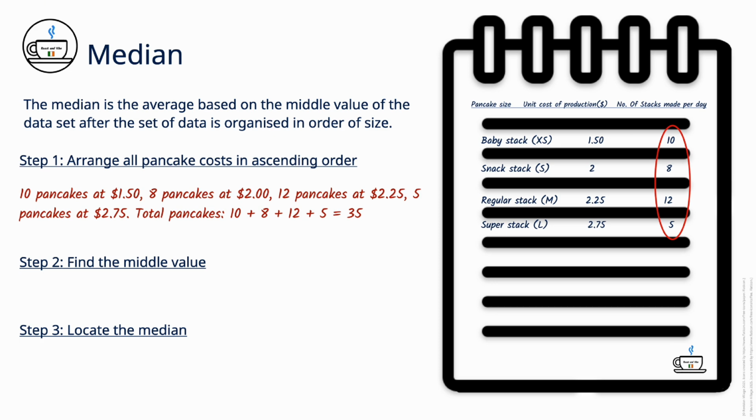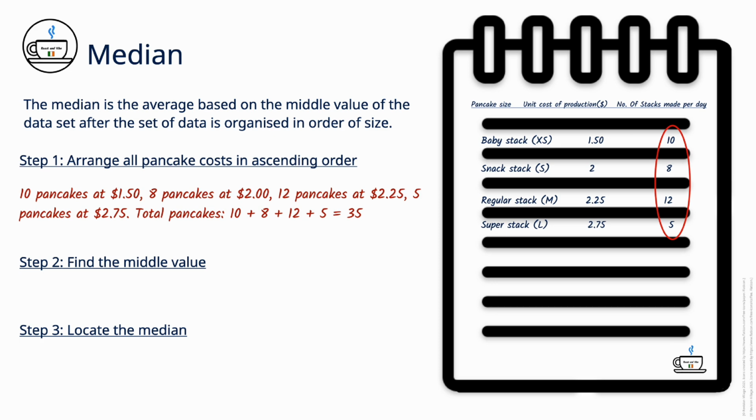So essentially, this means that the first 10 pancakes cost $1.50 to make. Pancake number 1 is $1.50, pancake number 2 is $1.50, pancake number 3 is $1.50, and so on up to pancake number 10. Next, the 11th pancake, when we arrange the pancakes in order of cost, is $2.